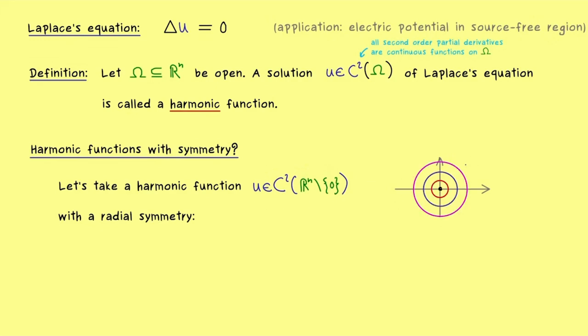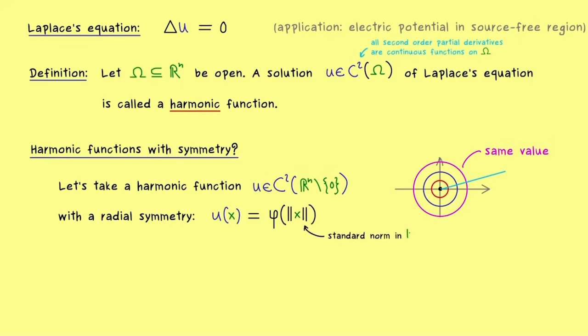Hence in our two-dimensional picture here, it means that for a given circle we find the same value for each point on it. And in the formula this would mean that u of x stays the same if you change the direction of x but not the length of x. Which also means that we already get all the values just by looking at one direction. So we can put these values into a real function phi that now only depends on the norm of x.